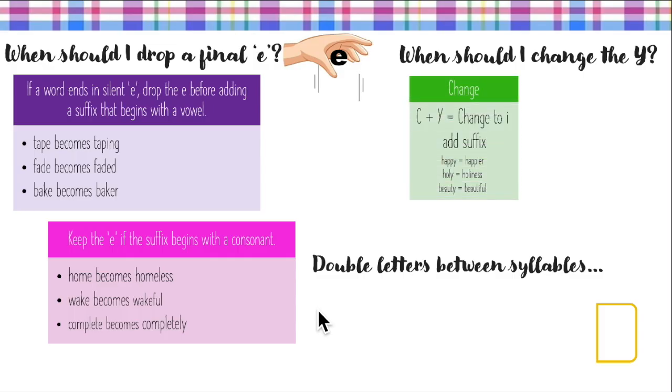We're going to change the Y to an I when we're adding a suffix on, usually, because that Y doesn't really fit in with the suffix.